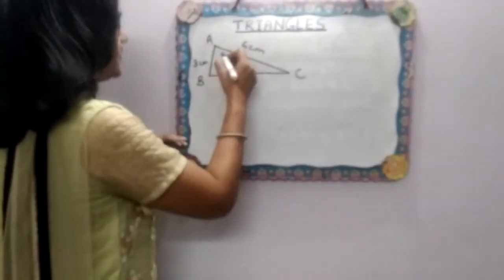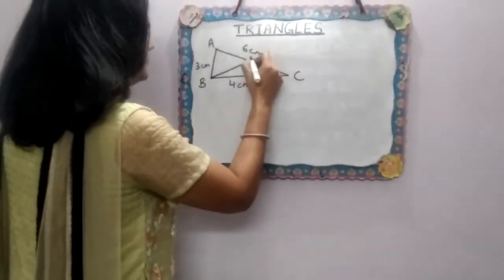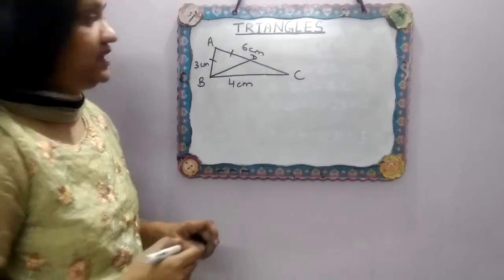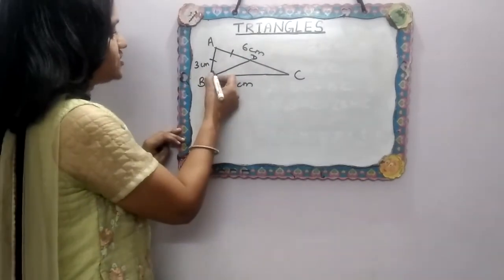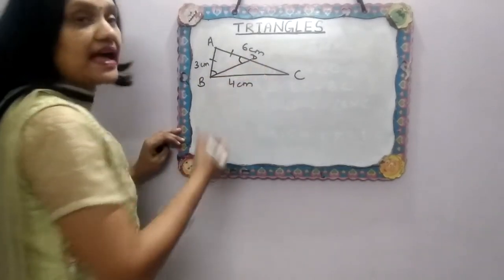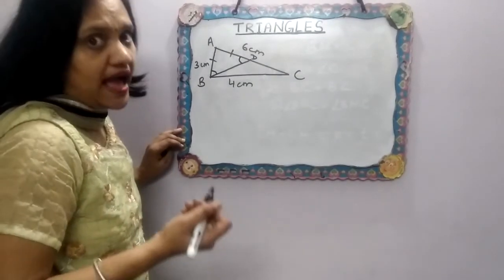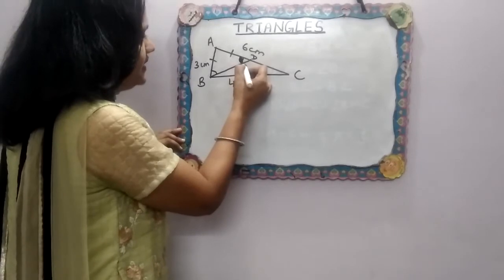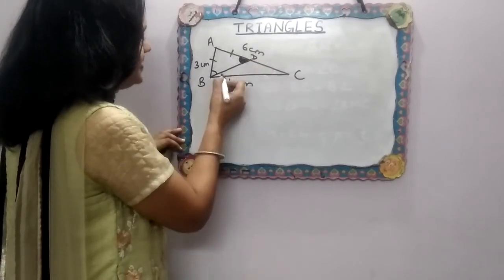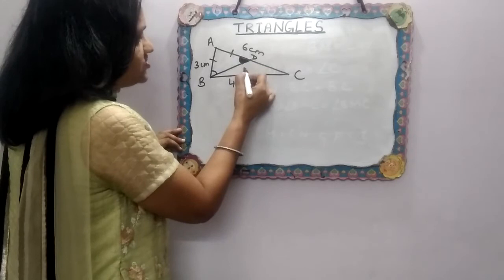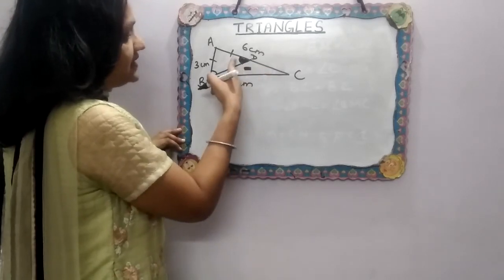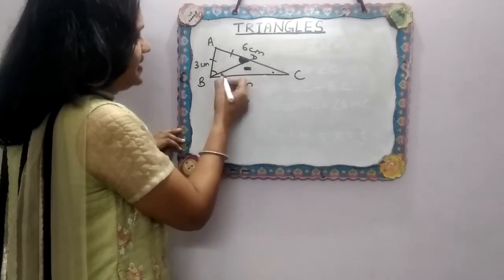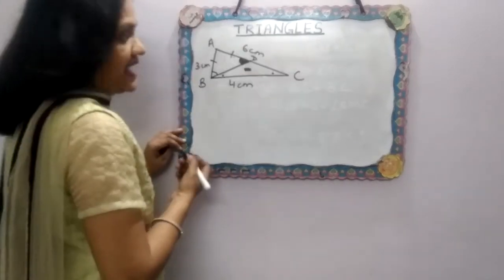Let's do one thing. We will construct BD in such a way that AB and AD are equal. Now since AB is equal to AD, this angle and this angle will be equal. Angles opposite to equal sides of a triangle are equal. Now this angle is the exterior angle for this triangle, so it is going to be greater than each of the interior angles.